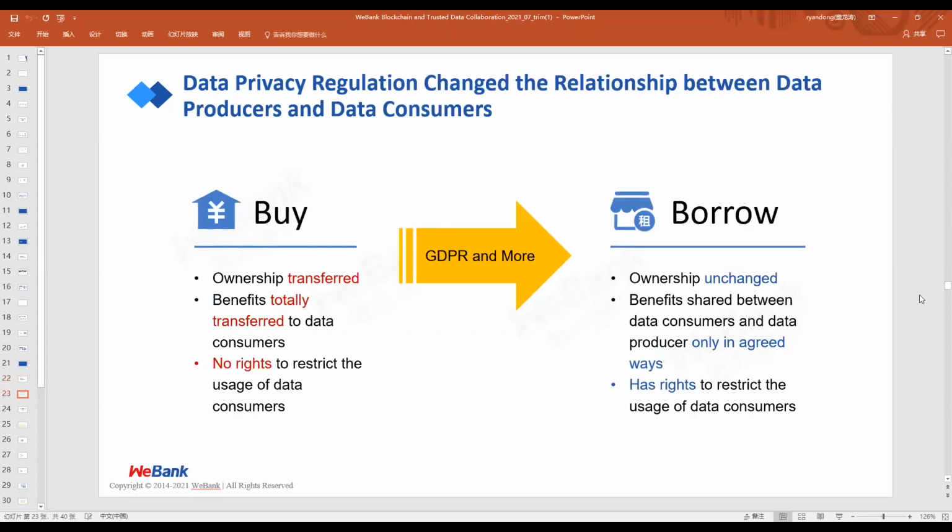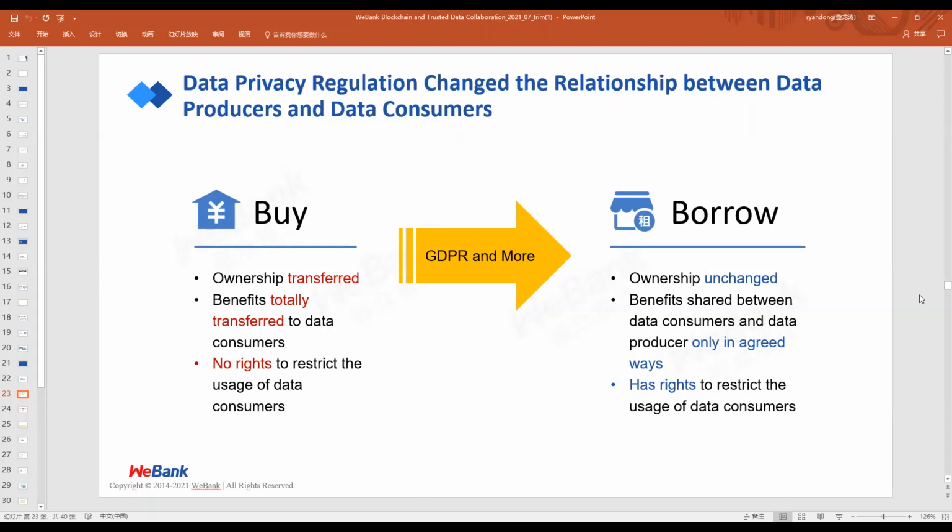So let's keep going, and we can see a very significant change recently. In the older way of privacy law, like in Singapore there is the PDPC, before this kind of law and regulation took effect, life could be simple, because most of the time the data ownership was not very clear, and everyone who got the data could do most of the things they wanted.